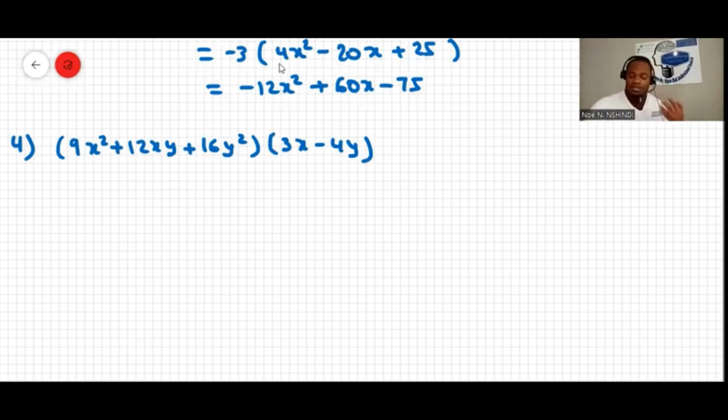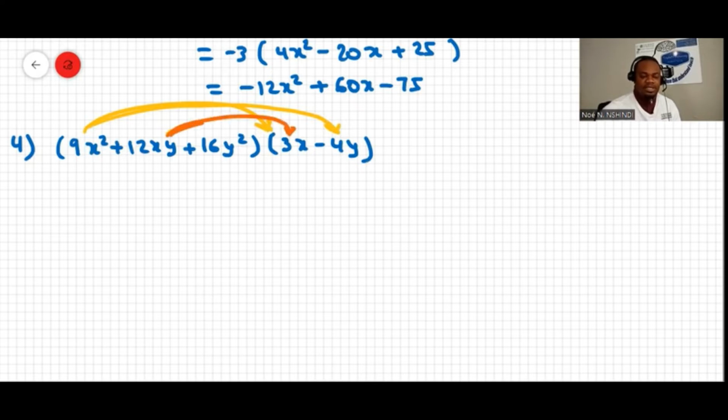Over here, we can start multiplying each term, applying the distributive law, and then simplify. We could do this times that, this times that, and so on, and once we finish, we start collecting like terms to simplify and write the answer.